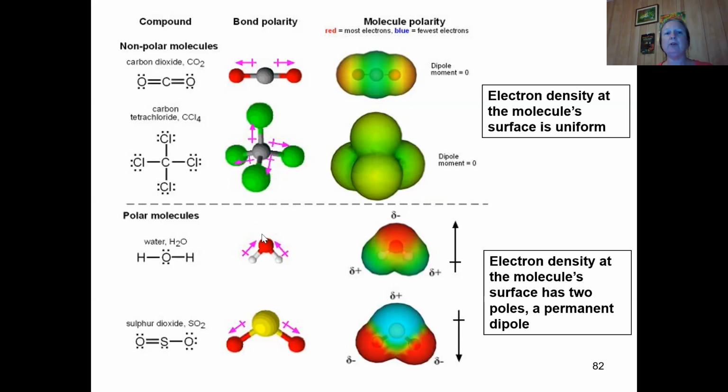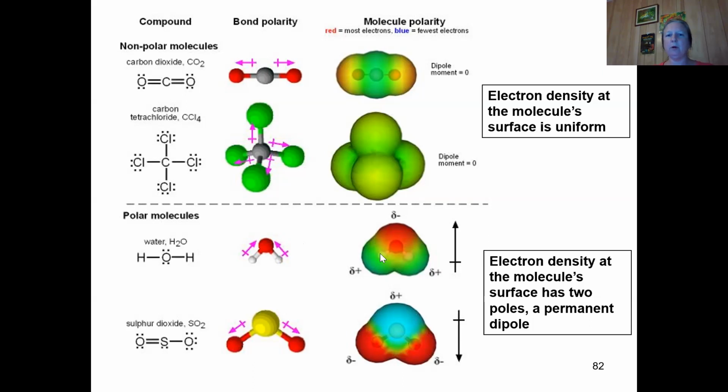You have these unshared electron pairs up here, right? So we have two things going on. You have all this electron density up here from the unshared electron pairs, the dots, circulating up here. But you also have the fact that oxygen is more electronegative than hydrogen, so it's pulling hydrogen's electrons slightly towards itself.